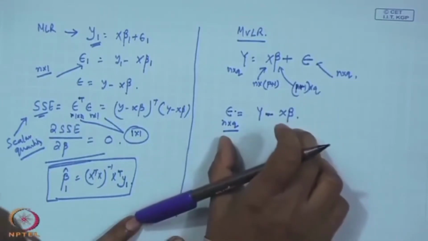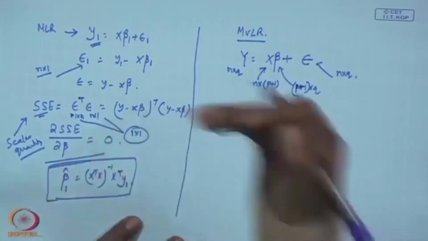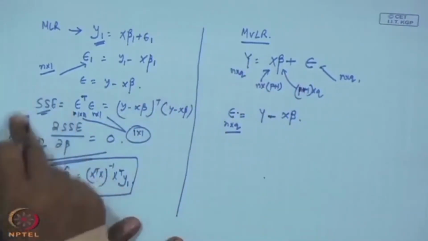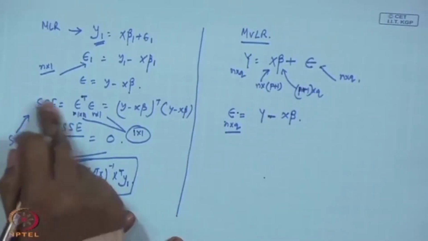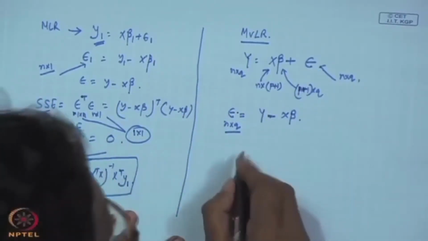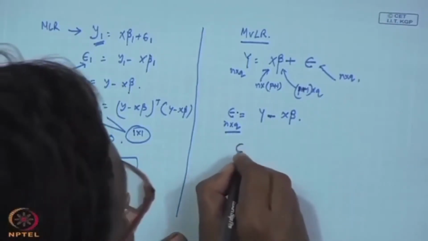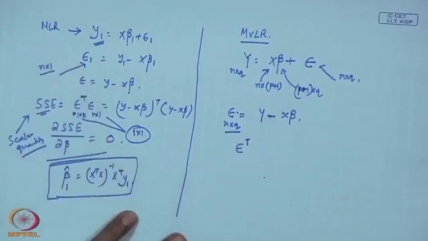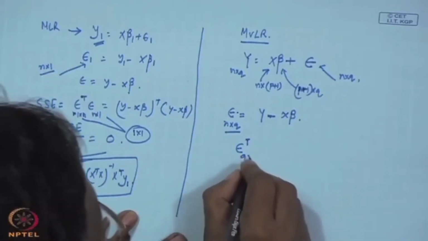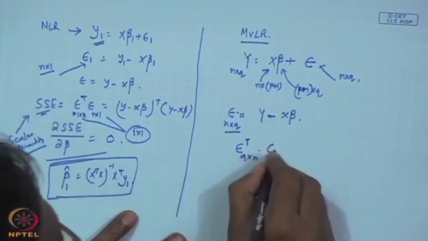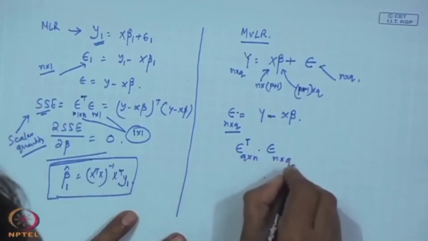Now, we want to find out the sum square errors like MLR, that is to be minimized. So, if I want to do this, then epsilon transpose will be q cross n into epsilon, which is n cross q.